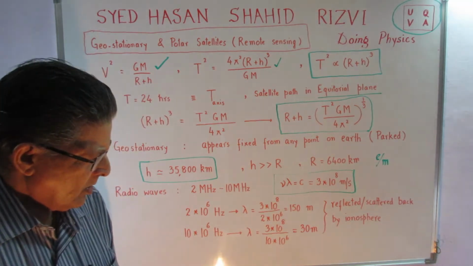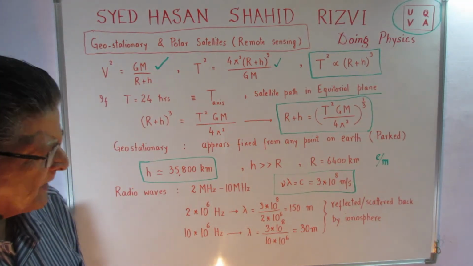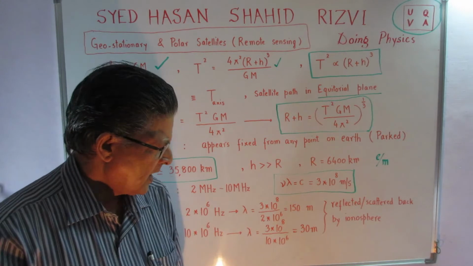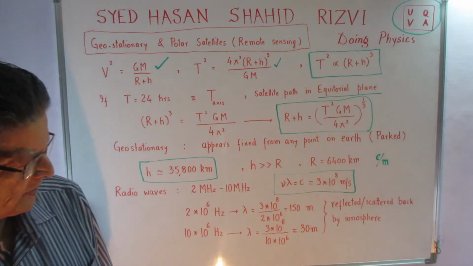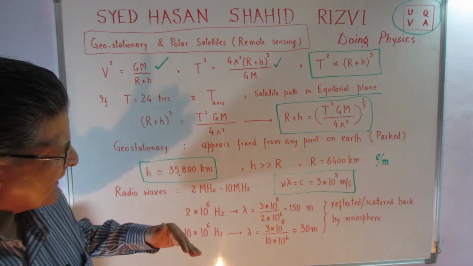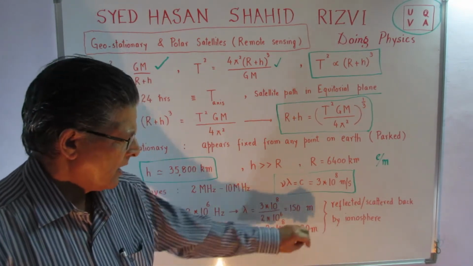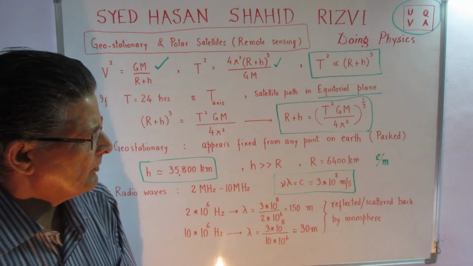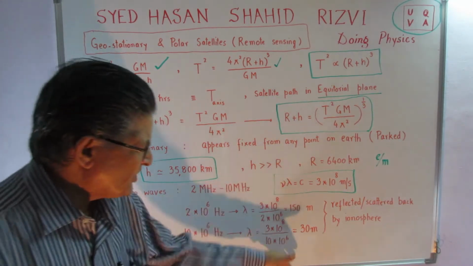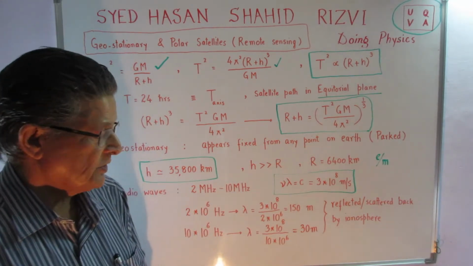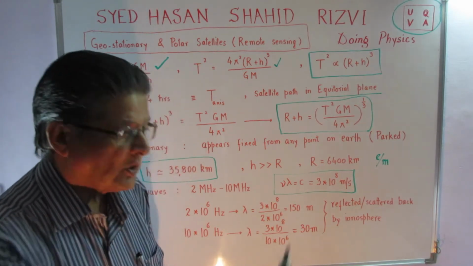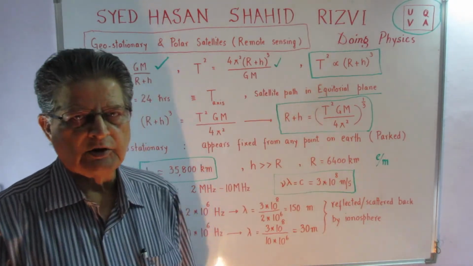Now, what is the basic idea about it? The idea is that if the wavelength is less than 30 meters, or much less, what happens? It goes right through the ionosphere and the information is lost.